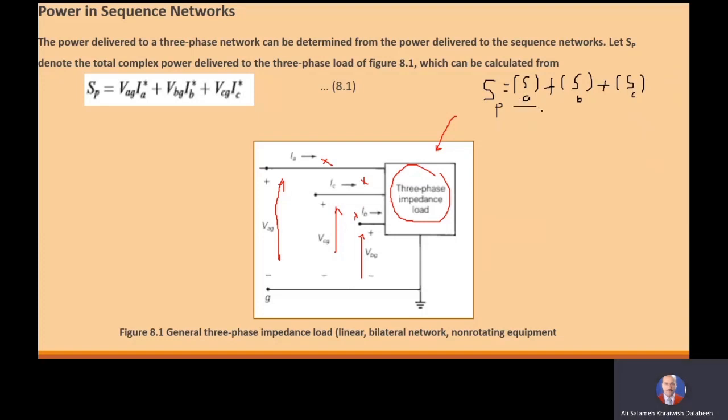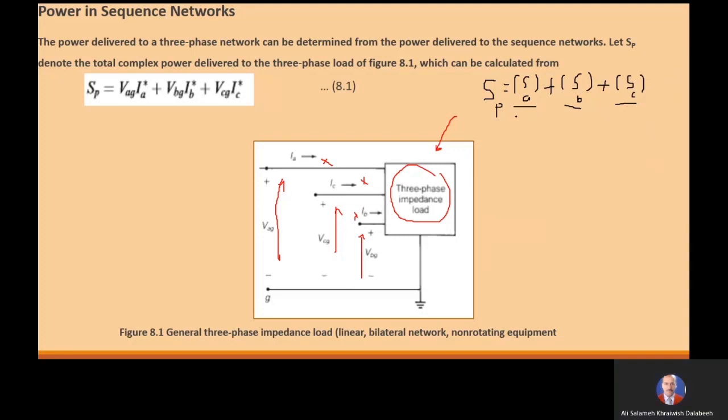We need to calculate the power of phase A, the power in phase B, the power in phase C, and add up the three values to obtain the total three-phase power.